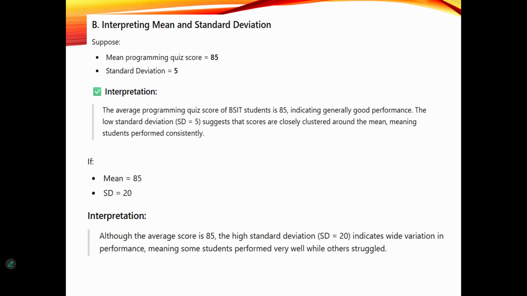So for example, if the mean is 85 but the standard deviation is 20, which is higher, the interpretation is, although the average score is 85, the high standard deviation, SD equals 20, indicates wide variation in performance, which means that some students perform very well while other students struggle. Okay, so 20 is higher and it means a wide variation in the performance. Okay, I hope you understand.